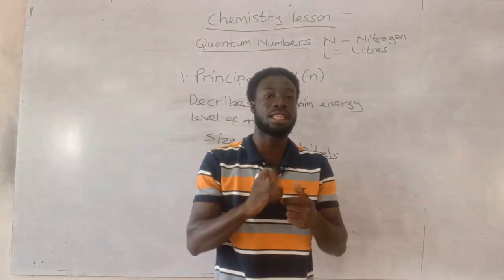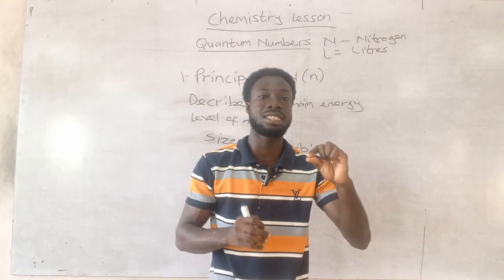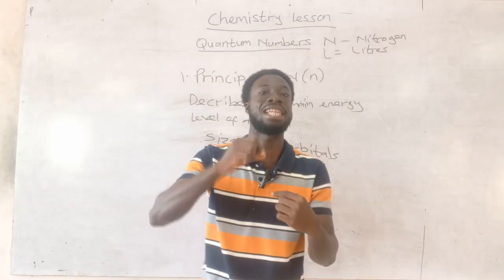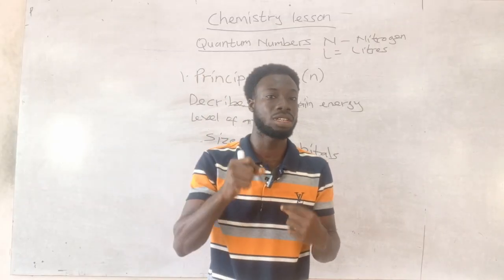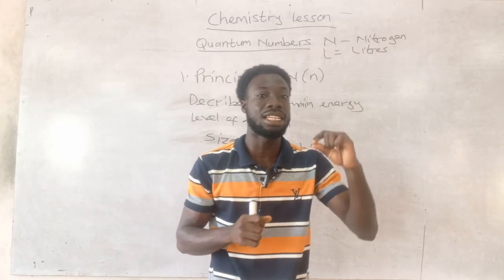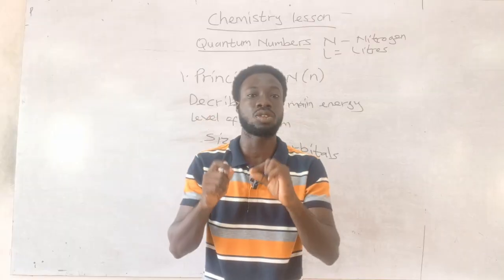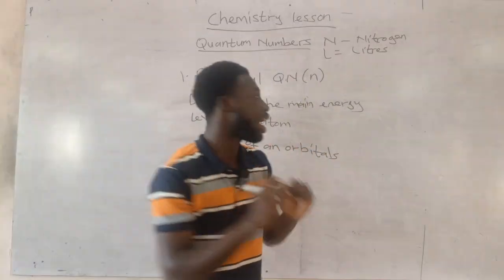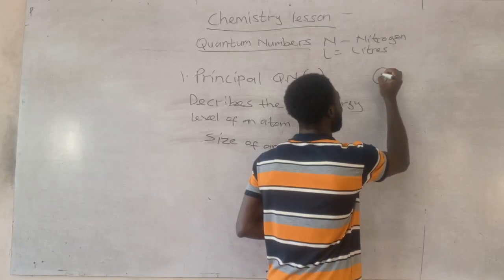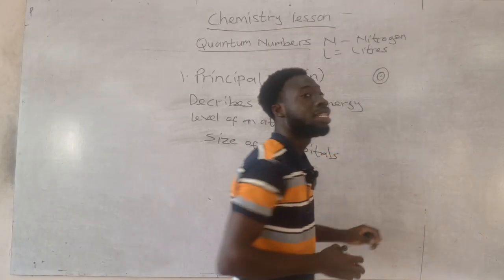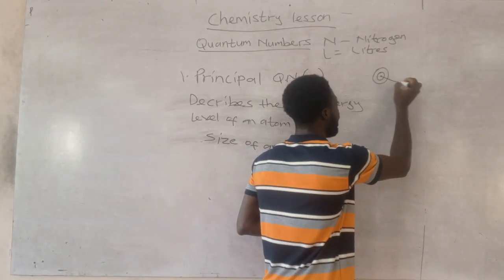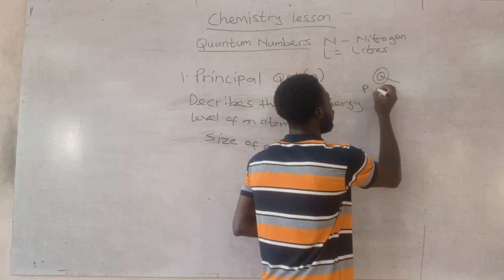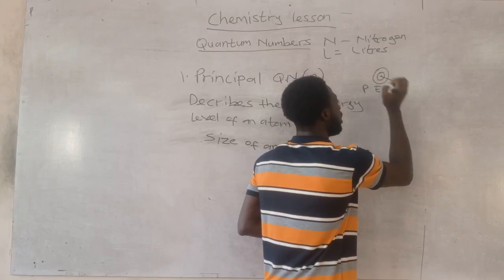When we talk of orbitals, it is the region in space in which electrons are likely to be found. When you take the atom like this, the center here is the nucleus. We have the proton, the electron, and also the neutron.